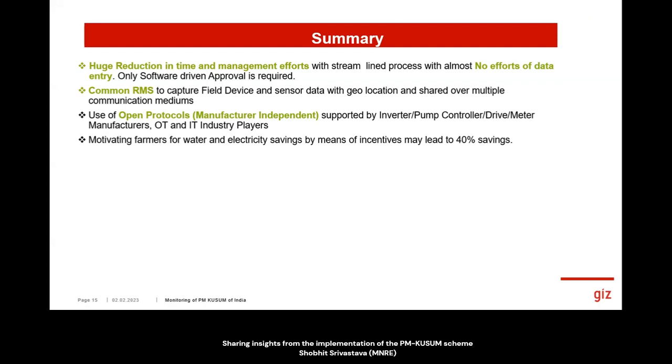In component A, we are providing support to farmers having barren or fallow or other kinds of land which they might not be using for agriculture. They can put solar power plants on their land and then sell the power to the distribution companies. By this mechanism, they'll be able to earn a lot.